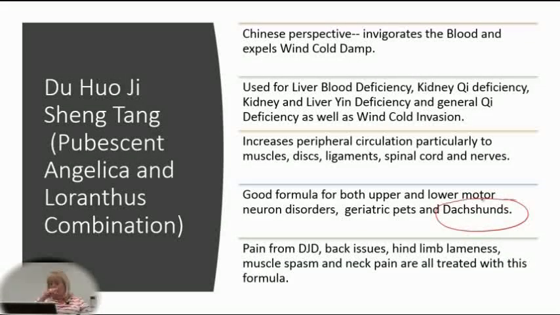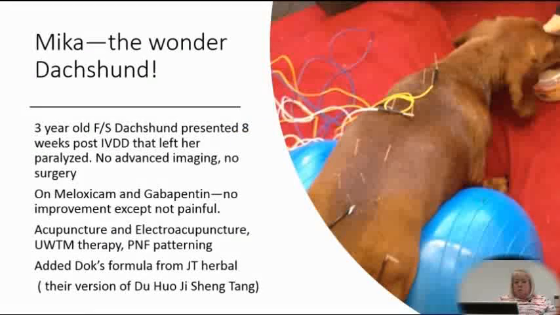And we've seen Mika before, the Wonder Dachshund, who presented 8 weeks post-IVDD that left her paralyzed. She had no surgery and no advanced imaging, and she sat in somebody else's kennel for a while and eventually came to see me. She came in on meloxicam and gabapentin, which made no real improvement except she wasn't painful.